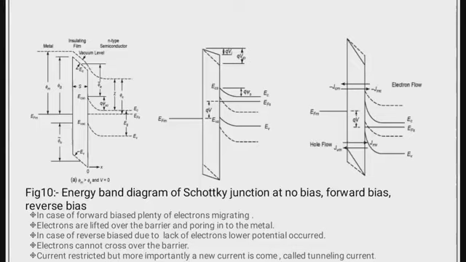In case of reverse biased, this portion is shifted down, because I already told that potential energy E is equal to minus E into V. So this portion is shifted up as it is forward, and this portion is shifted down as it is reverse. In case of forward biased, what is happening? Plenty of electrons migrate, and due to higher potential, the energy band goes up.